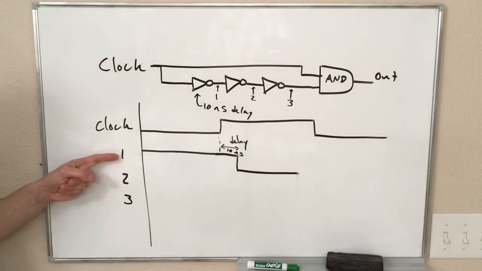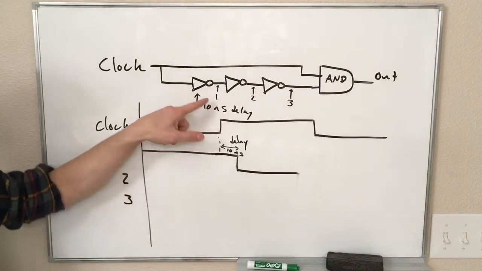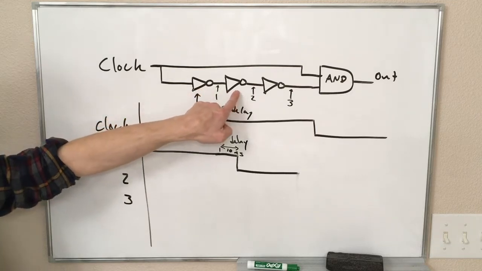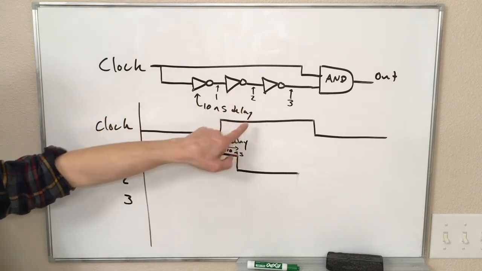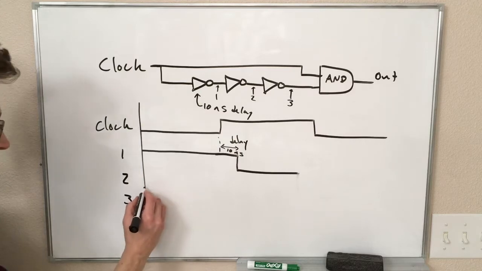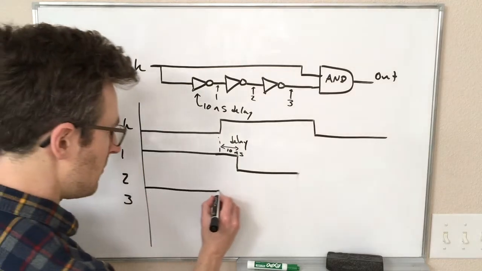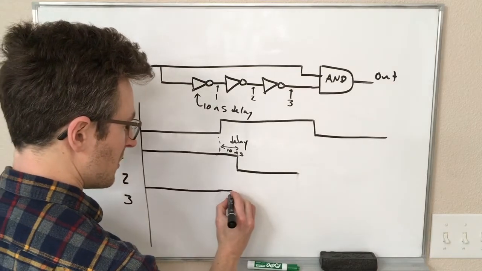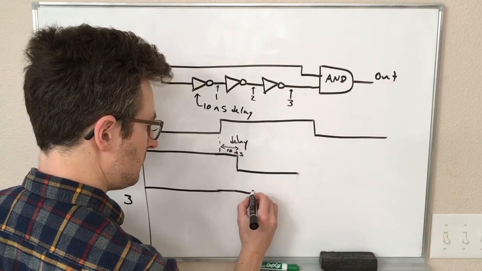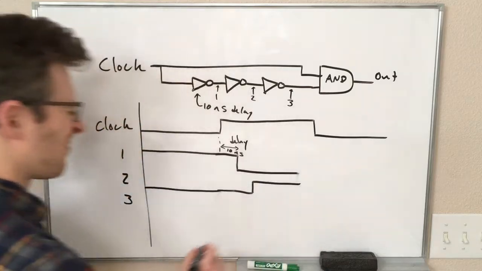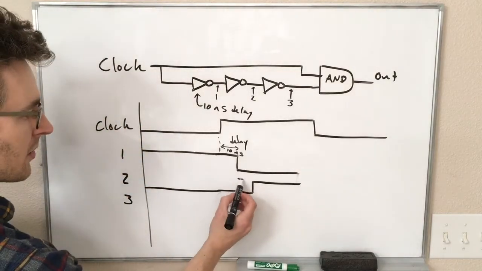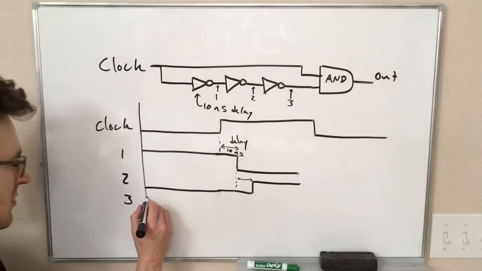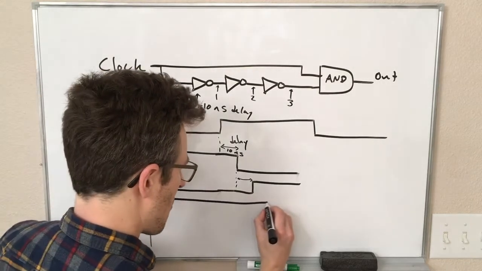Okay, well, the output of point 1, which is the output of this first gate, is the input to the next one. So point 2 is going to be the inverse of point 1. But again, instead of switching instantaneously, there is also going to be another delay. So this is another 10 nanoseconds. And the same thing happens at point 3.